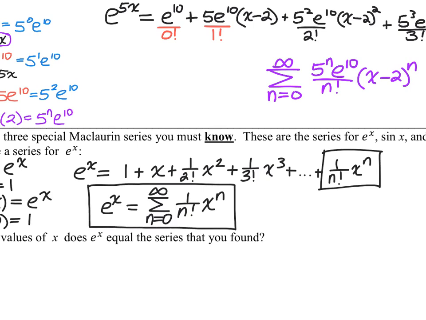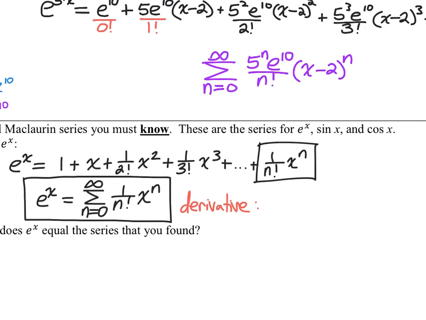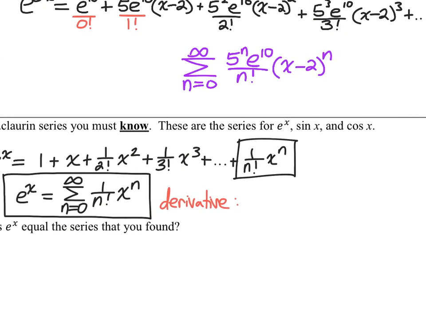Again, what did we do? We took a transcendental function and we made it polynomial. So if I wanted to, I could take the derivative of this. In fact, I'll show you right now. I'll leave the summation off of it for a second.